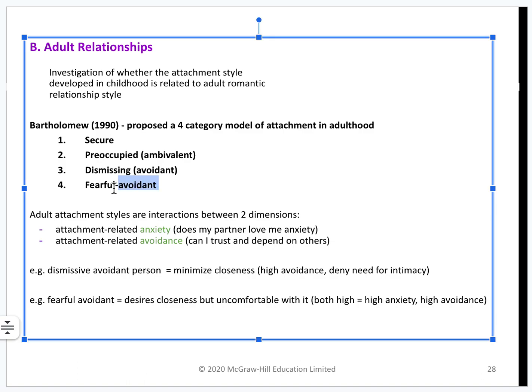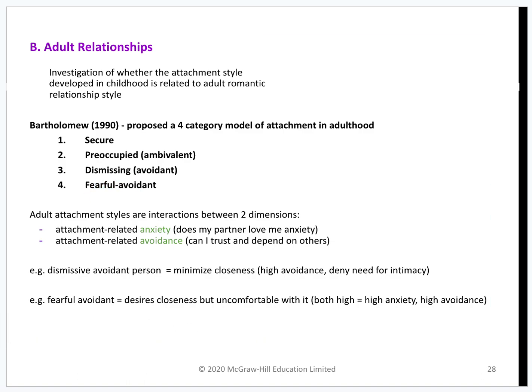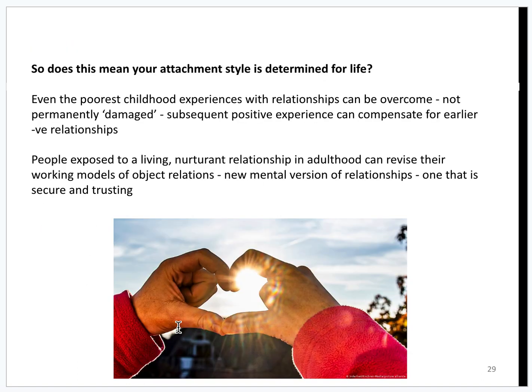Okay, so people on this one here, fearful avoidant. They really want to be close, but they're also very uncomfortable with it. So they're high in anxiety and high in avoidance. So take a look at Bartholomew's work, 1990, and how this works, and what does that mean in adult relationships.